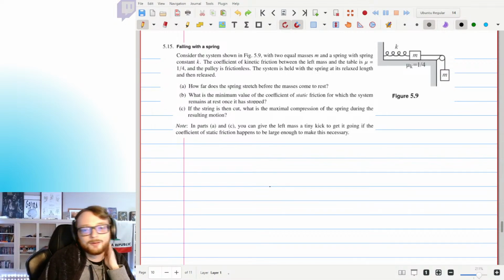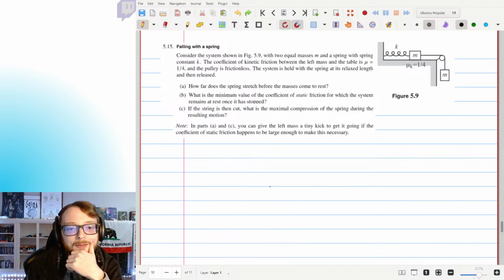So the only thing that's going to cause the system to move is this mass that's dangling.